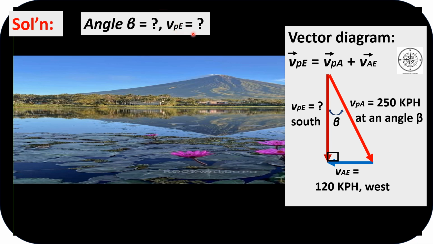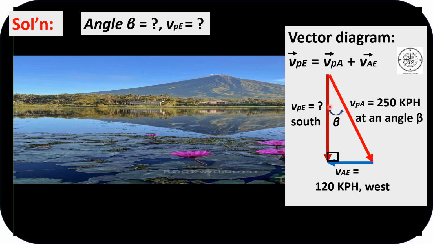The speed of the airplane over the ground, in the diagram, is represented by this brown vector arrow. Its direction is, of course, due south.